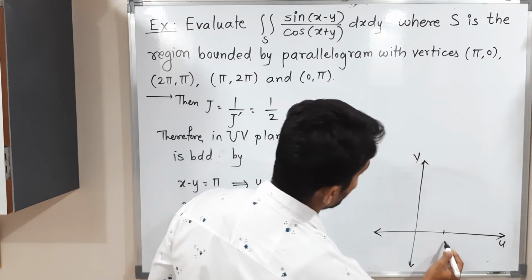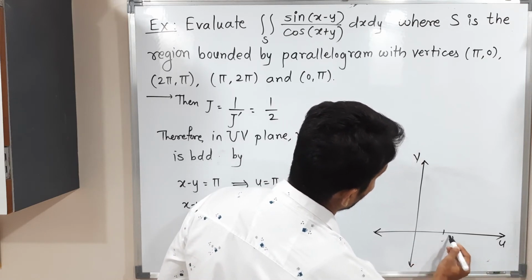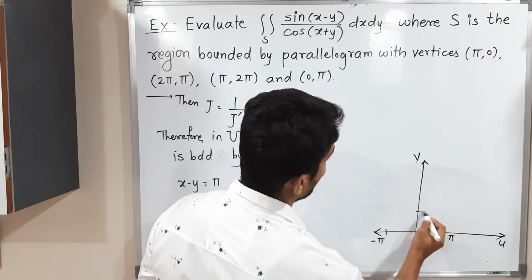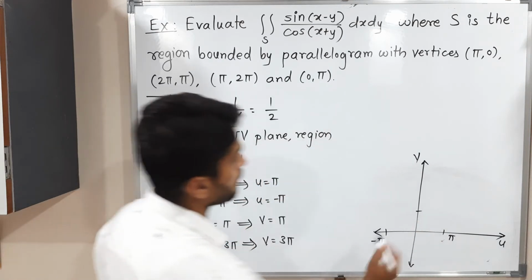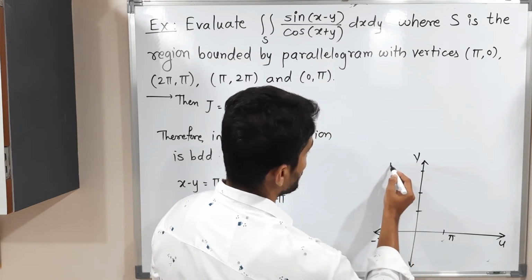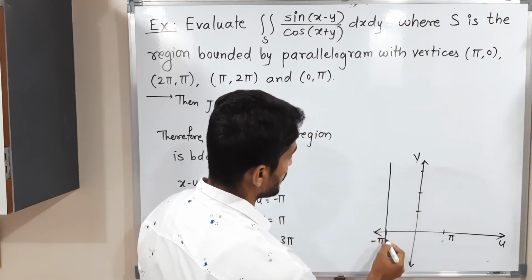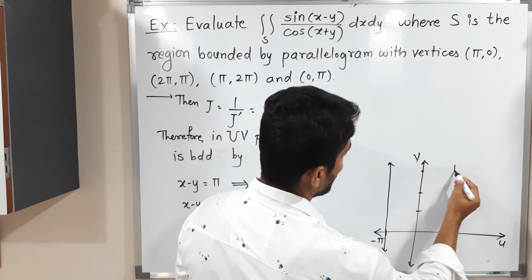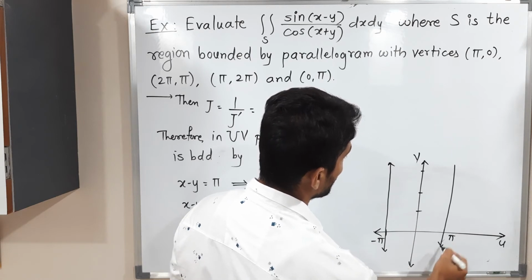What we have, u is equal to pi, right? u is equal to pi, u is equal to minus pi, v is equal to pi and v is equal to 3 pi. So see, u is equal to minus pi will be a line parallel to the v axis. u is equal to pi will be a line parallel to the v axis again.